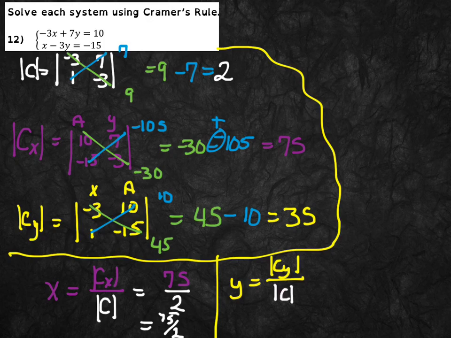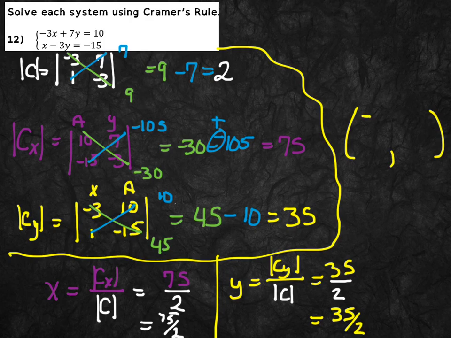And so that's going to put us at 35 divided by 2. So 35 halves when that reduces. So your answer is an ordered pair, 75 halves, comma, 35 halves.